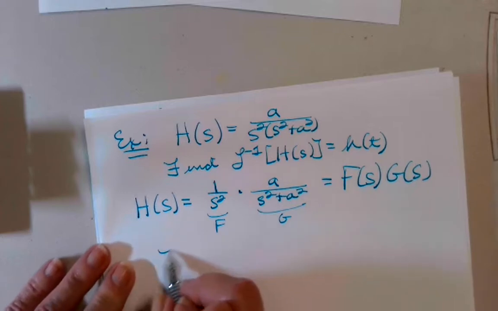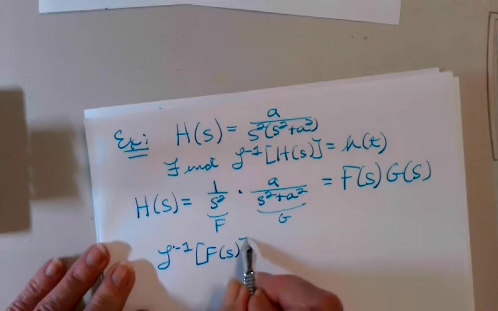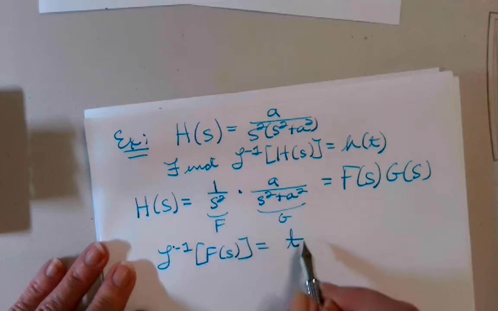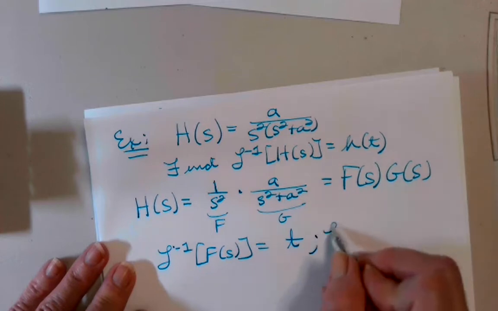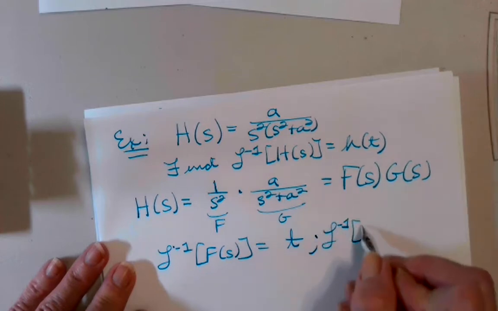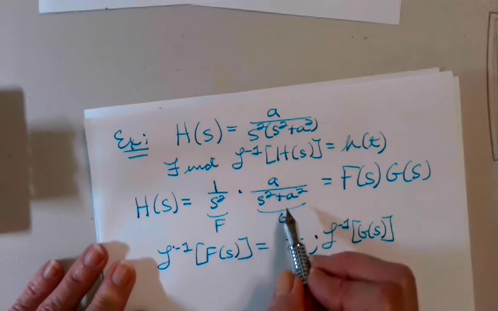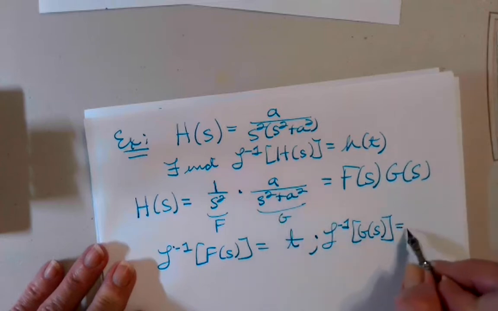The inverse Laplace transform of capital F, in other words, the inverse Laplace transform of 1 over s squared, if you look in your chart, is exactly t. And the inverse Laplace transform of G of s, a over s squared plus a squared, is sine at.